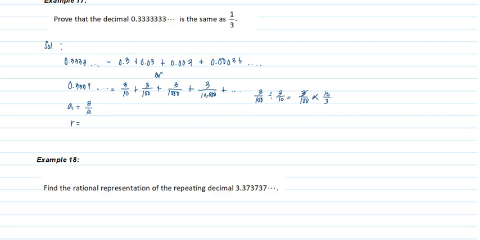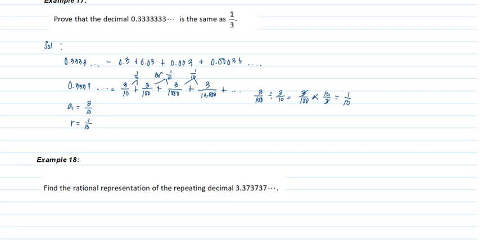If you do that, you would get 1 over 10. So therefore, the common ratio is 1 over 10. I assume the next one would still be 1 over 10. The decimal places just increase in our denominator. So, the r there is 1 over 10.